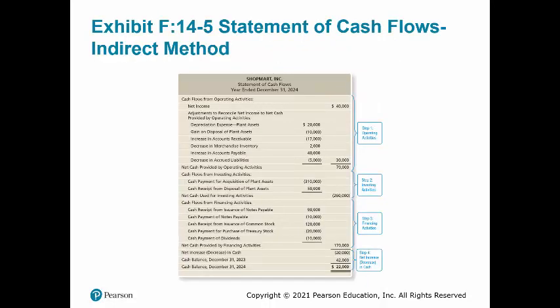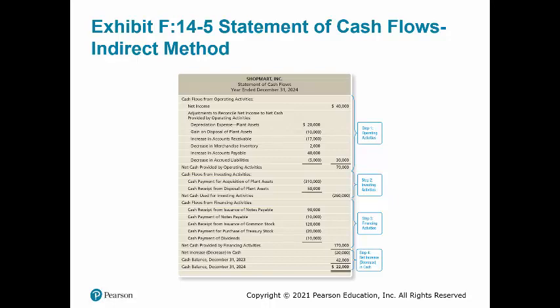This slide shows a completed statement of cash flows for ShopMart Inc. using the indirect method. So let's look at this statement. The indirect method for operating activities begins with net income. And then we show adjustments to reconcile net income to net cash provided by operating activities.